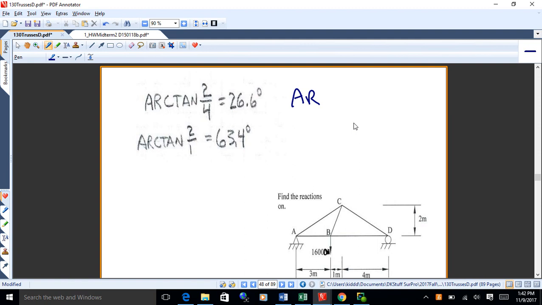So joint A first. And I'm doing this on purpose, I'm going to get this on the test, so get this figured out. Okay?